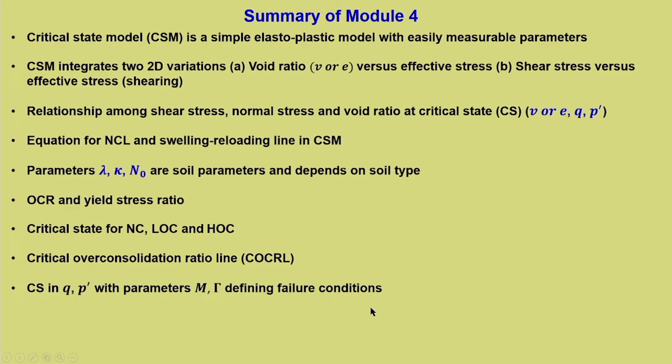The other one was where q is equal to 0, one dimensional consolidation, from where lambda, kappa, N naught come, and the failure is essentially defined by M and gamma. Then we have the normalized q-p' plot and we have proven that NCL becomes a point and CSL becomes a point, and that leads to the state boundary surface concept where we treat this to be unique.